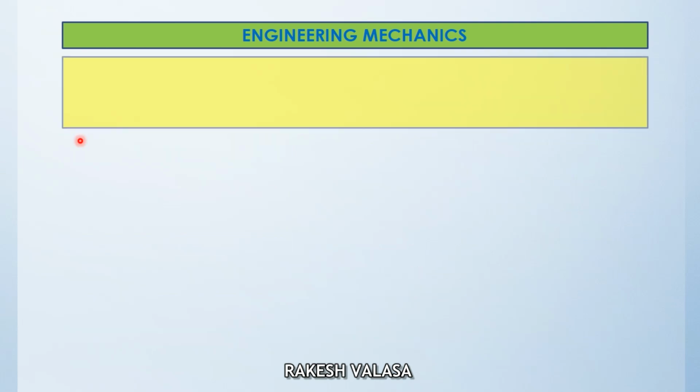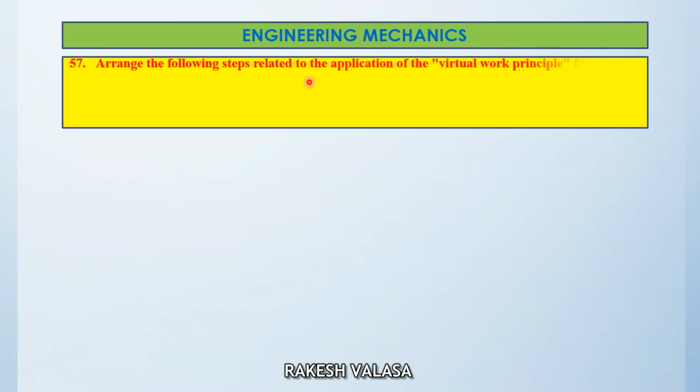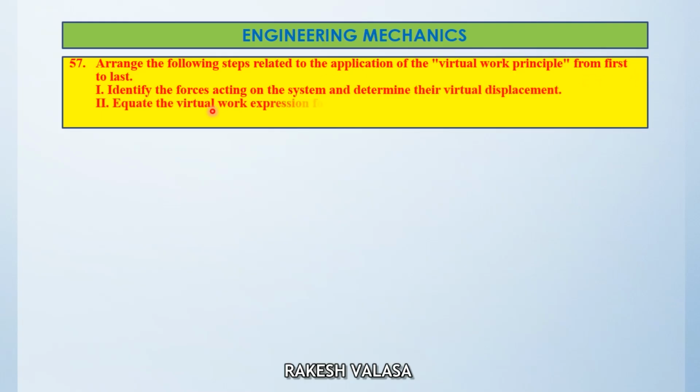Question number 57. Arrange the following steps related to the application of the virtual work principle from first to last. Statement 1. Identify the forces acting on the system and determine their virtual displacements. Statement 2. Equate the virtual work expression for each force to 0.